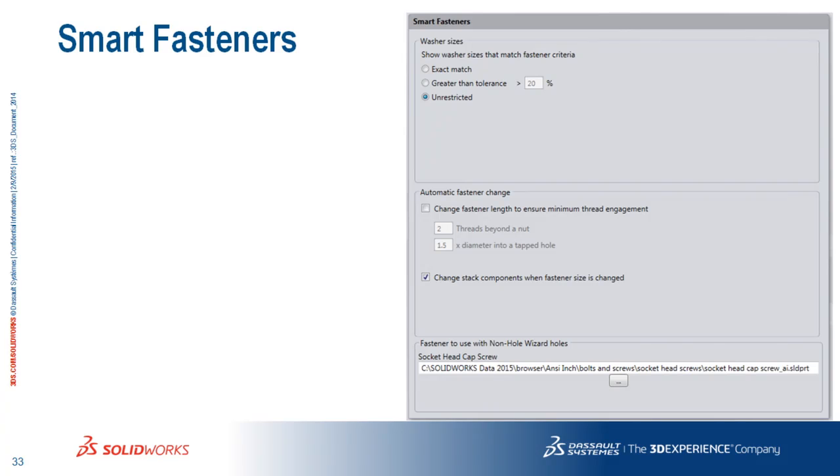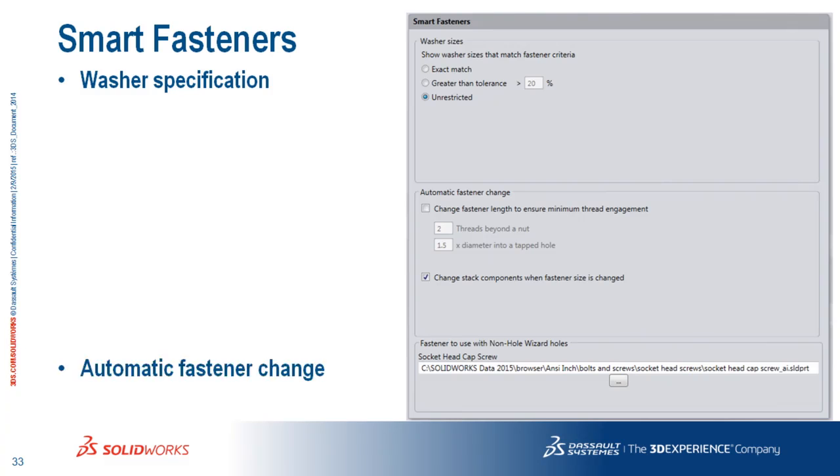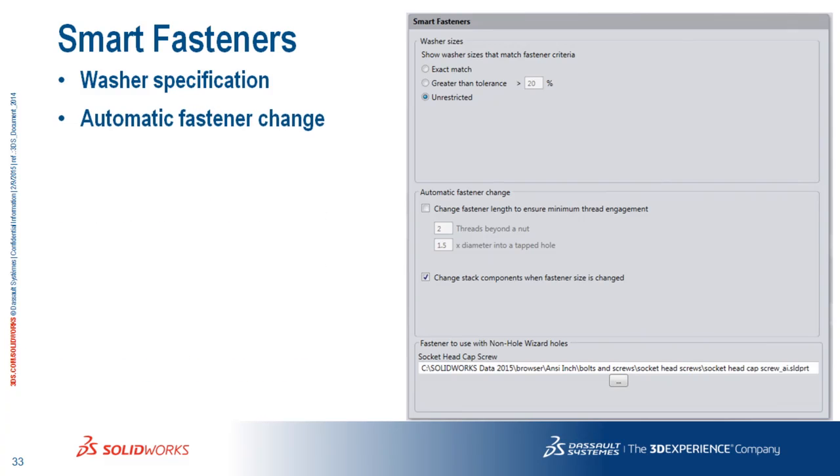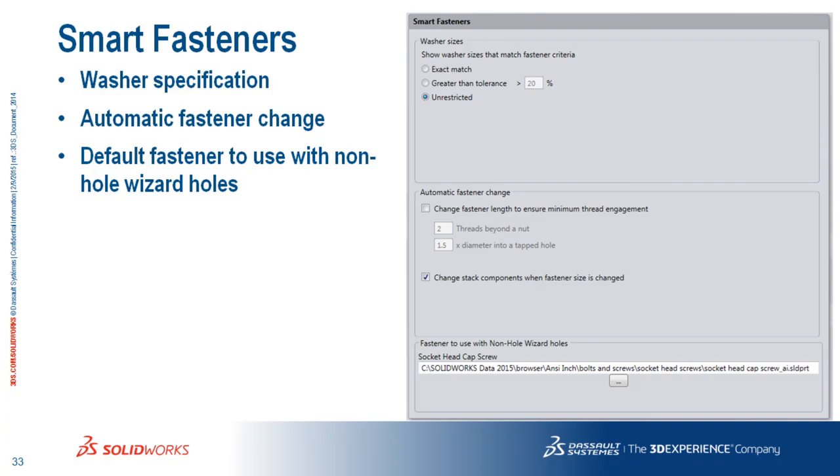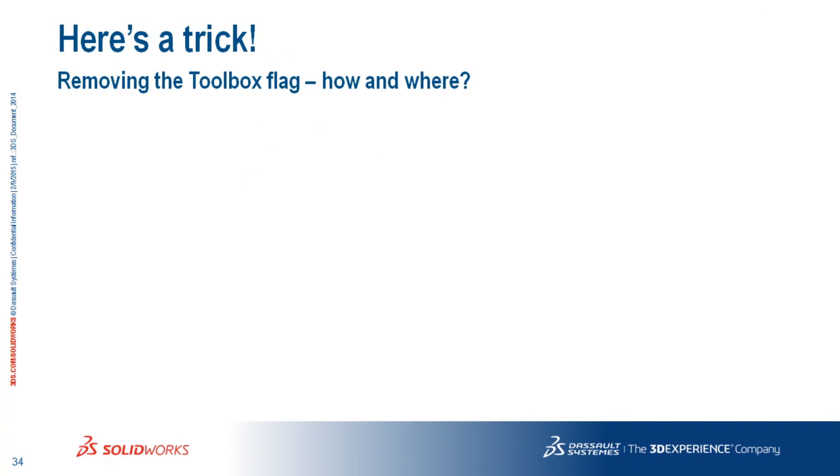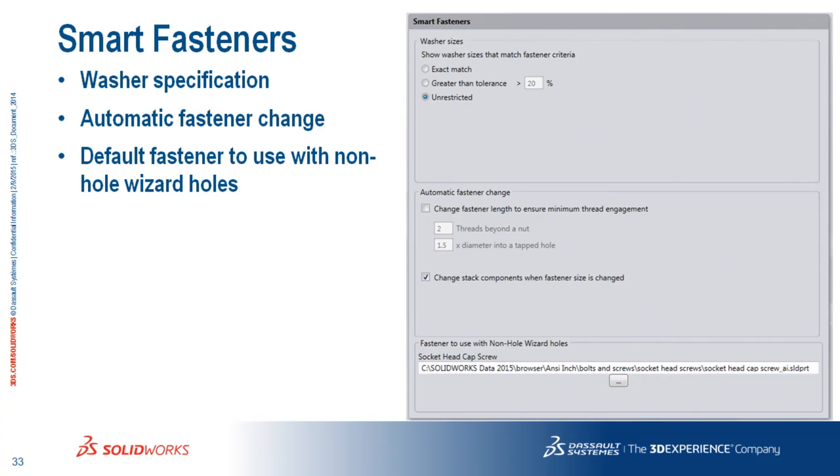Automatic fastener change fastener length to ensure minimum thread engagement. That might be a good one to have on in some cases, or change stack components with fastener when fastener size is changed. Those are all a couple of things there too.